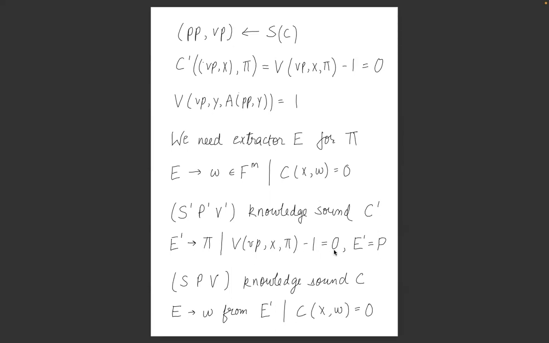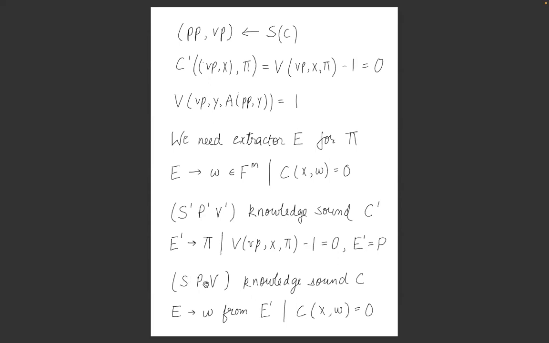If you see, this extractor is kind of the same as the prover, because it can extract the witness proof. So it can essentially be seen as a prover because it can output some proof pi from the circuit. Now if we go into the inner proof system, we again assume that it is knowledge sound.